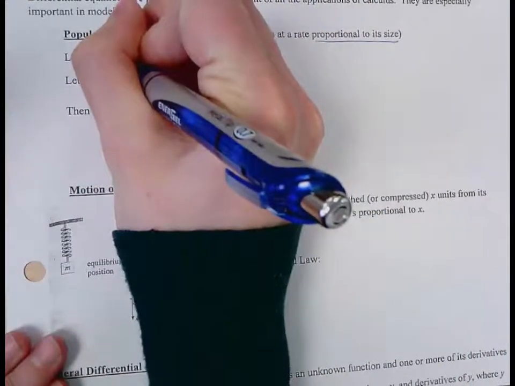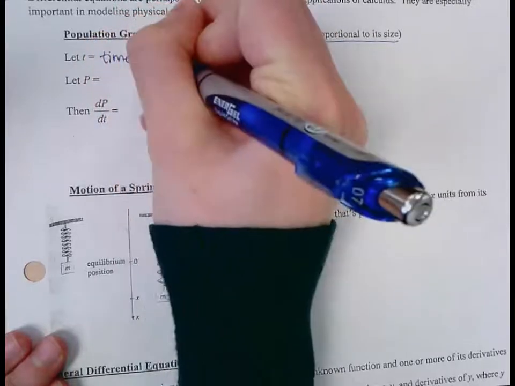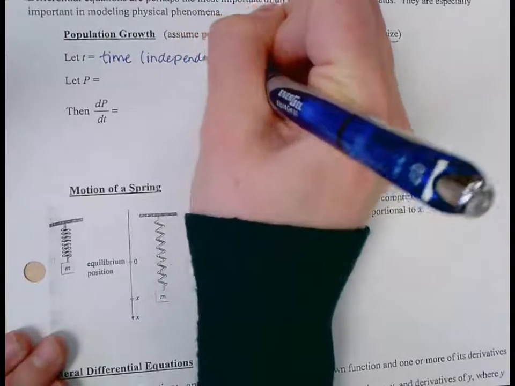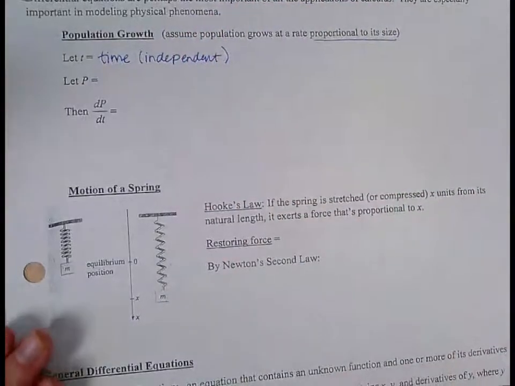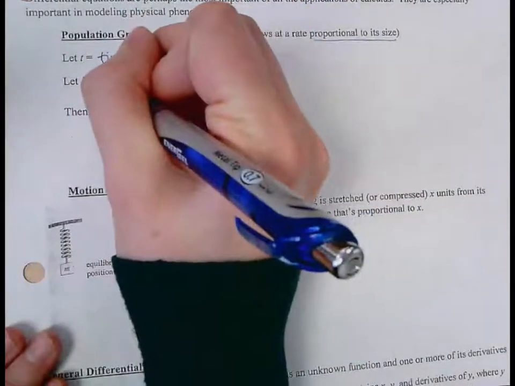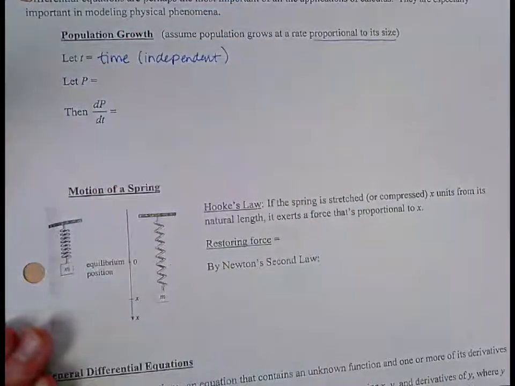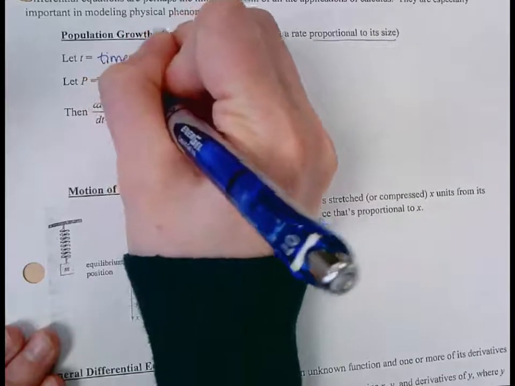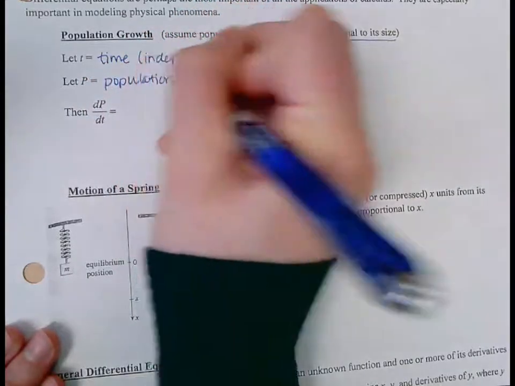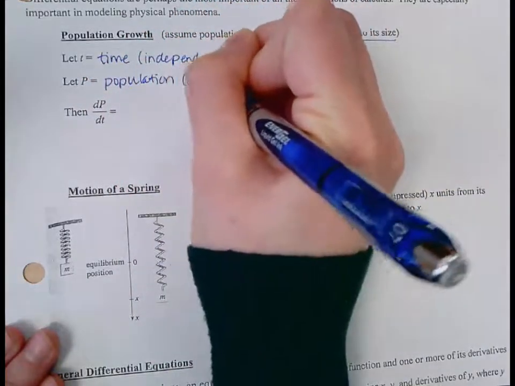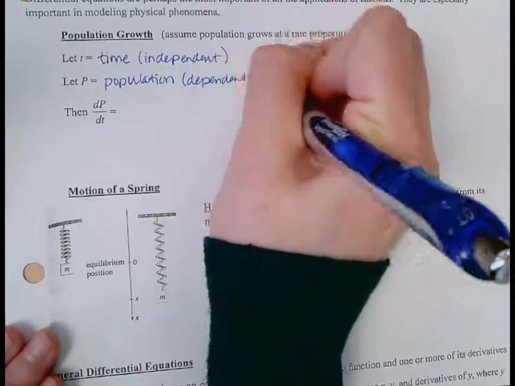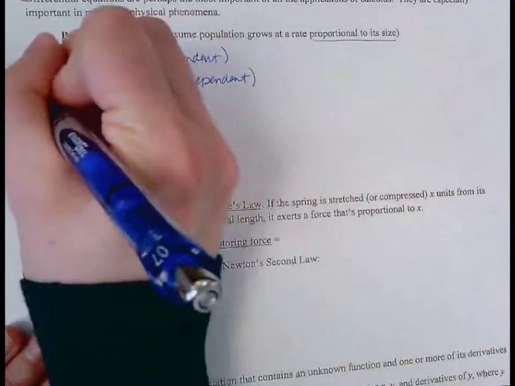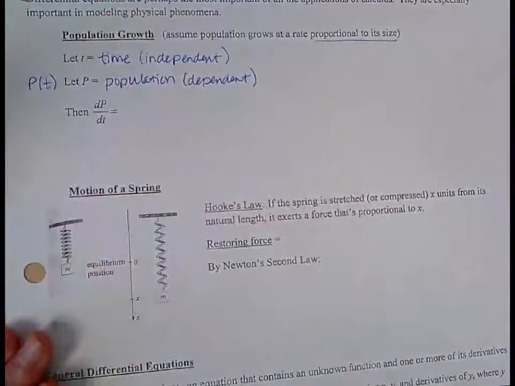We let t represent time, and that is the independent variable. We let p represent the number of people or animals in the population, so population. And that would be the dependent variable. We could also write p as a function of time, so p of t.